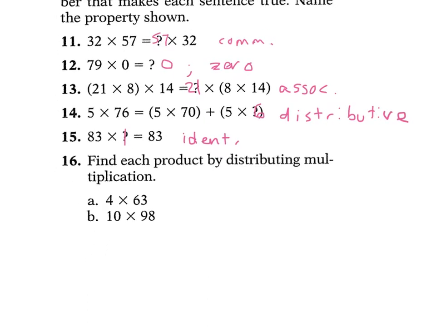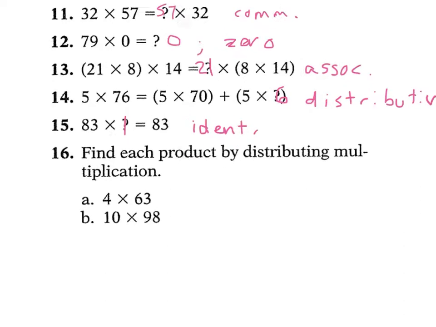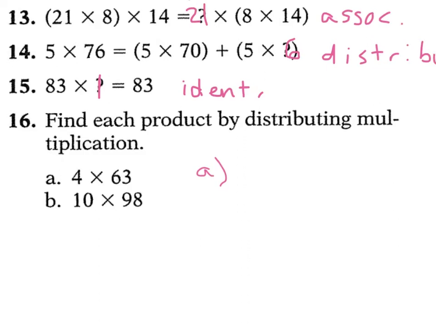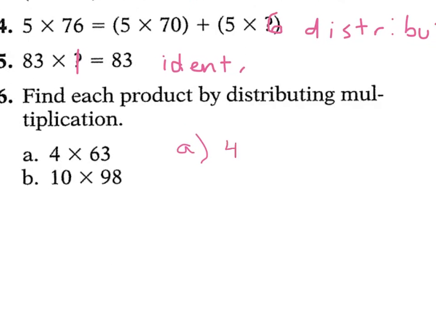And at 16, we need to find each product by distributing multiplication. So for part A, we need to find what 4 times 63 is. So what we can do is break up our 63 into 60 and 3. So we would have 4 times 60 plus 3.